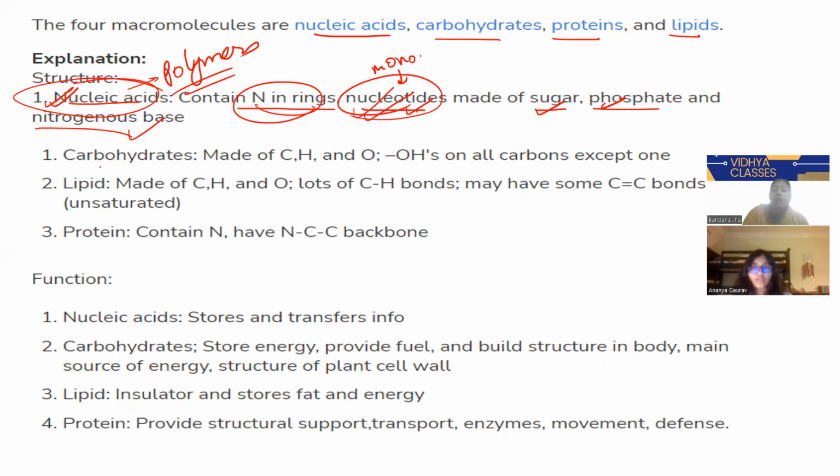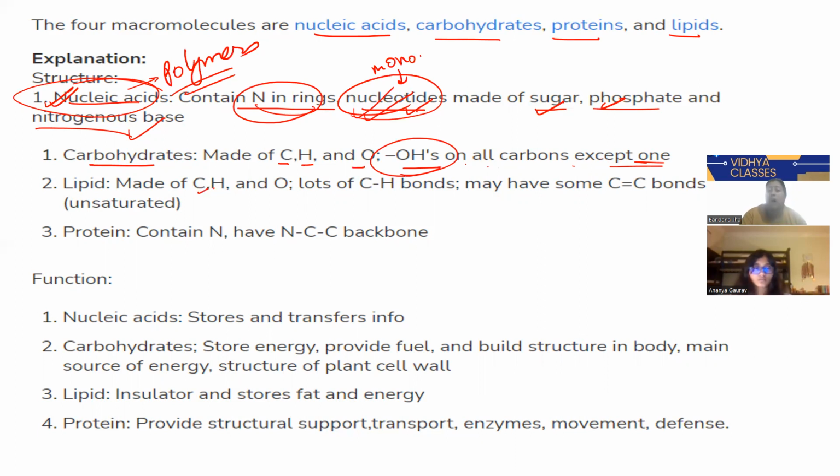Now carbohydrate. Carbohydrate is made up of carbon, hydrogen, oxygen, and OH, that is hydroxide, on all the carbons except one. Now lipid.